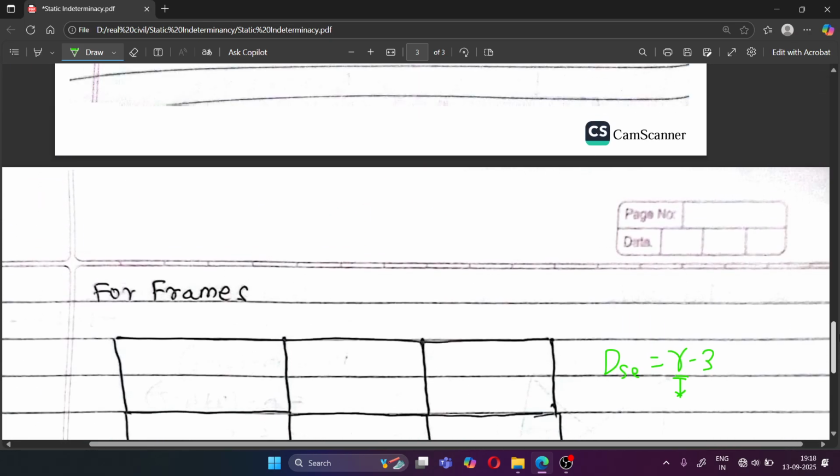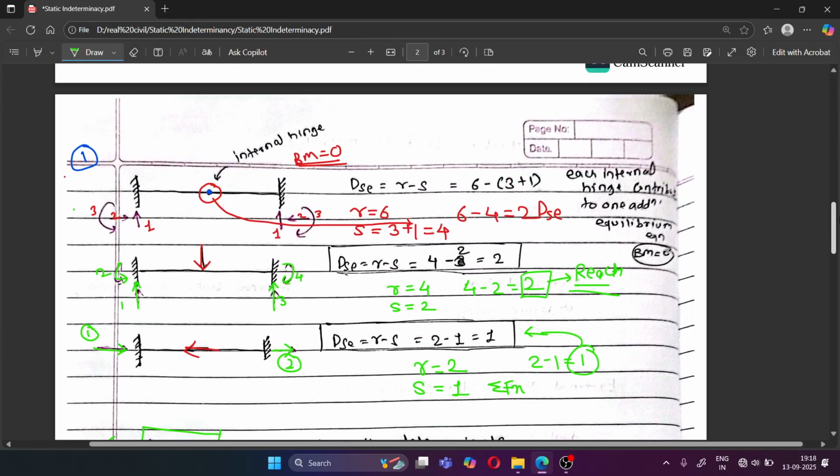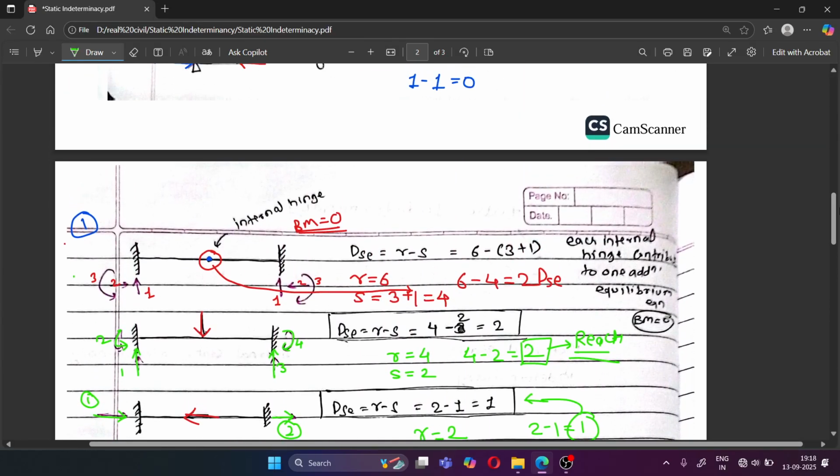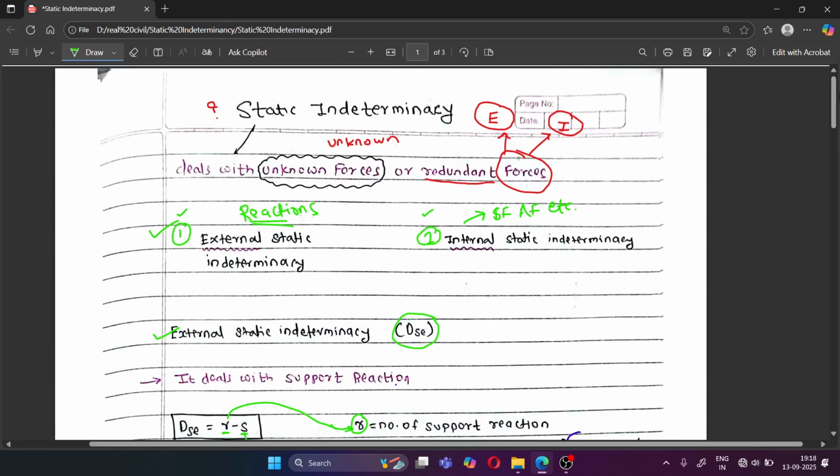So this is one example of a frame, this is one example of a truss, and we have solved a couple of examples of beams. So in revision, static indeterminacy means unknown forces or redundant forces. They are external or internal.